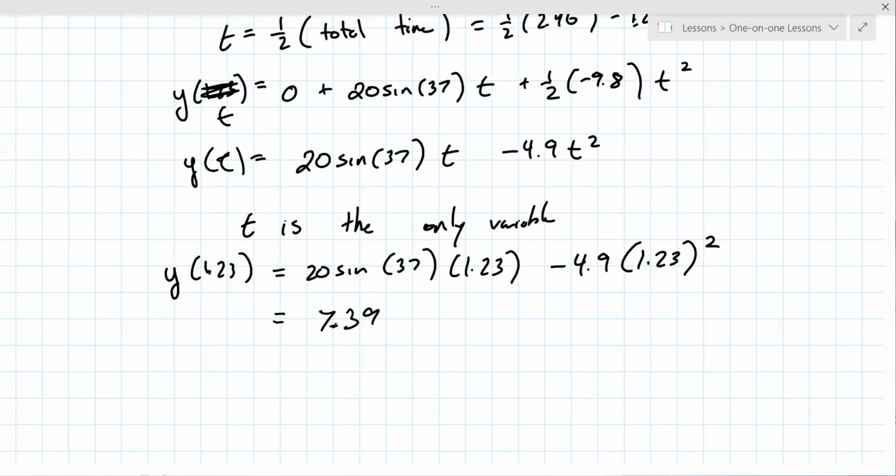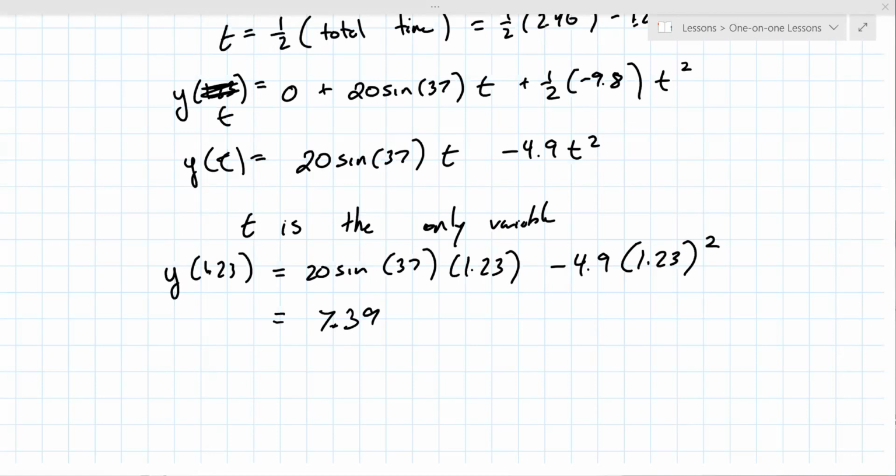If it's critical for you to have the correct answer, let me know. I'll plug it in again just to double check. It's still the same number, 7.39 meters.